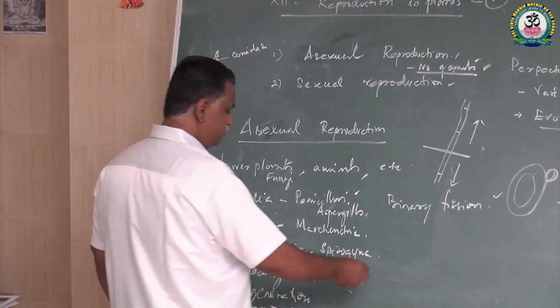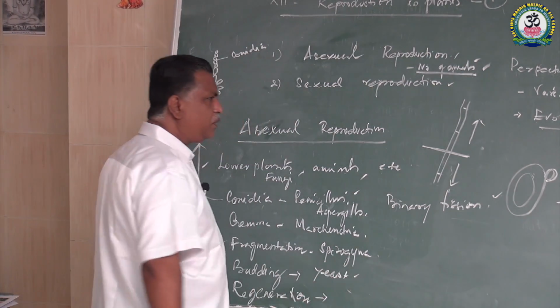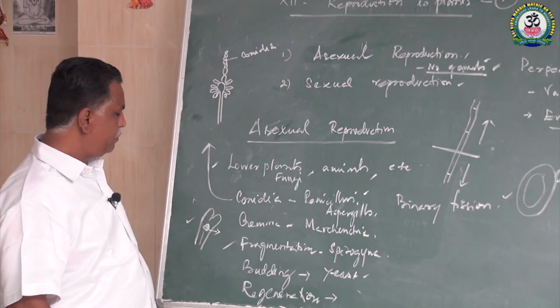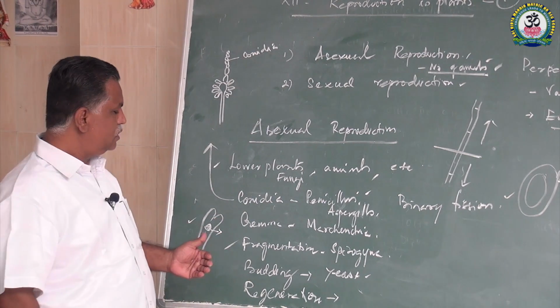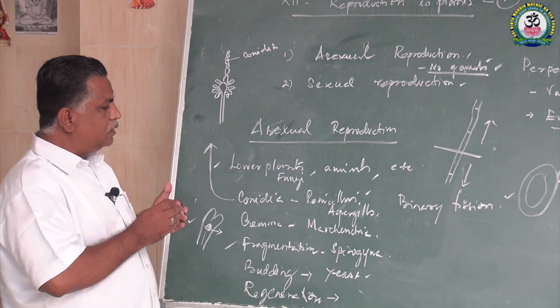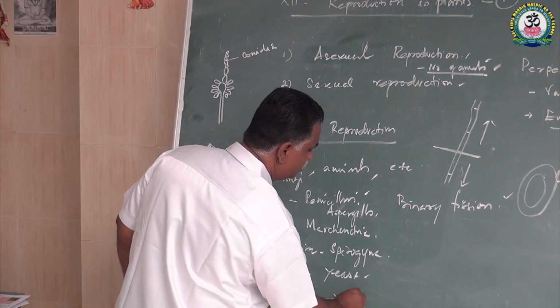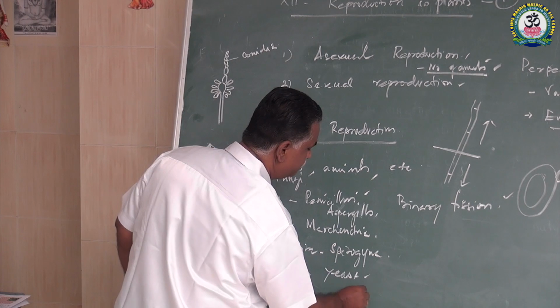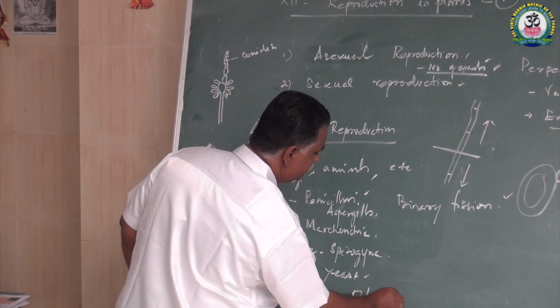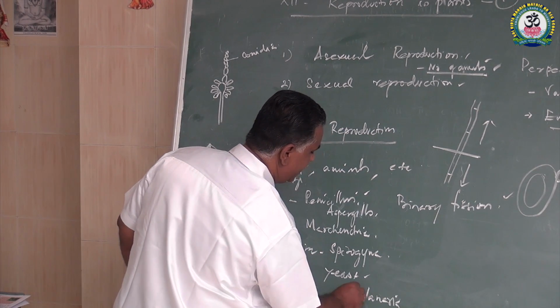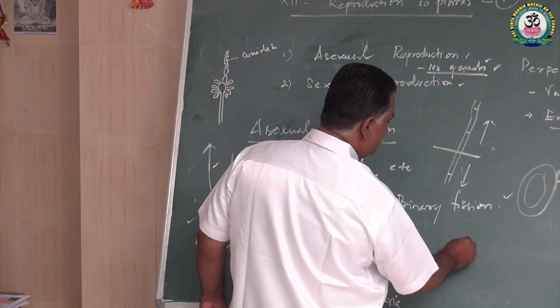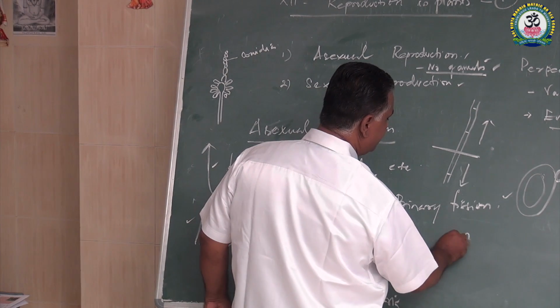Then regeneration. Regeneration means producing the lost parts and getting back to the natural state. This is found in the worm Planaria. You would see the structure of Planaria like this.